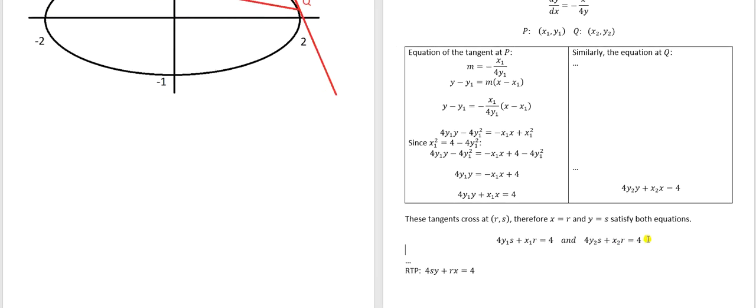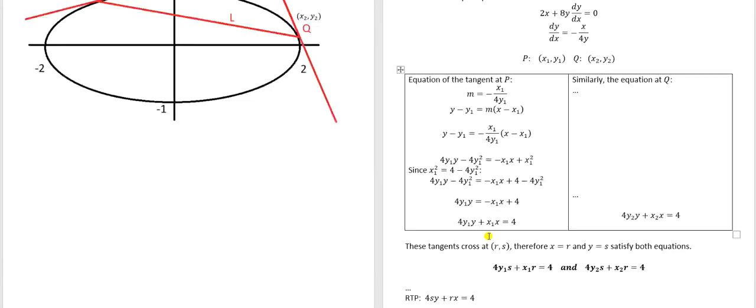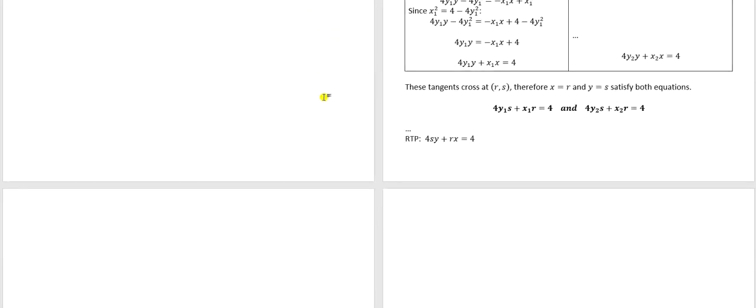And that is where these two equations are going to come in handy, because x1, y1, x2, and y2 appear here in the context of r and s. So there's going to be a bit more work to do, but let's see where this goes when we investigate the line between P and Q.